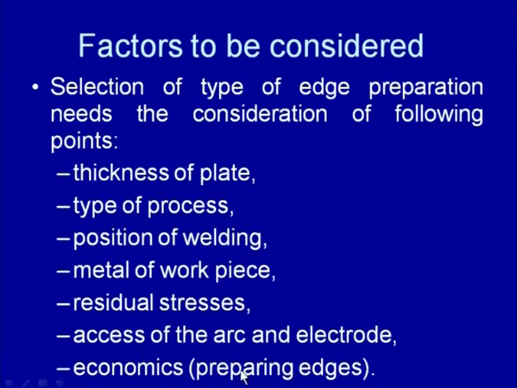But the V groove geometry requires a greater amount of weld metal to be deposited as compared to the J and U. So, the total economics related to the machining of the edge preparation and the weld metal to be deposited will also dictate the kind of groove geometry to be used. If the edge preparation is possible for a given plate thickness using different kinds of groove geometries, then economics will dictate which kind of groove geometry is to be used.